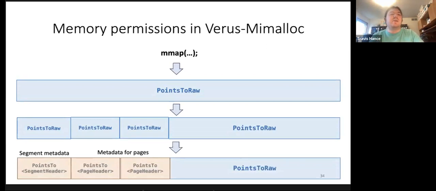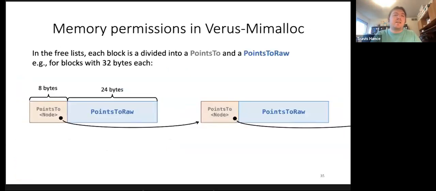We take this points to raw and say, okay, this part of memory is now going to be typed, and we're going to put the segment header there, or the page header there. And then the rest of the segment is going to be chunked up into pages, which become those little linked lists of blocks.